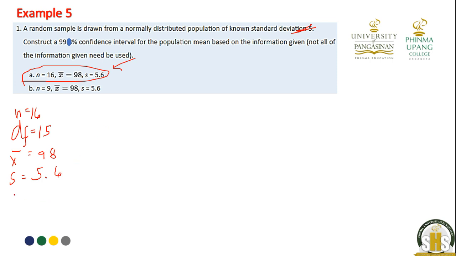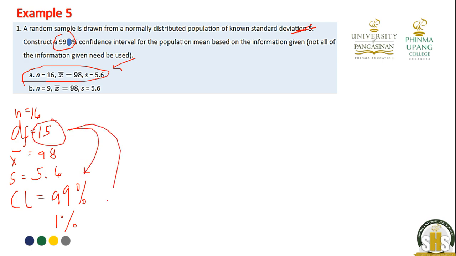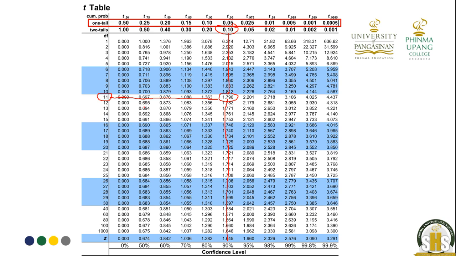So hindi pa natin alam ang kanyang 99%. CL is 99%. Ibig sabihin 1% yung two-tail niya. So, hanapin natin yung 15 sa 99% or 1%.